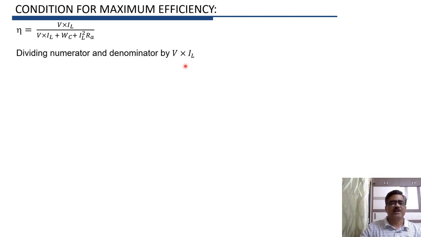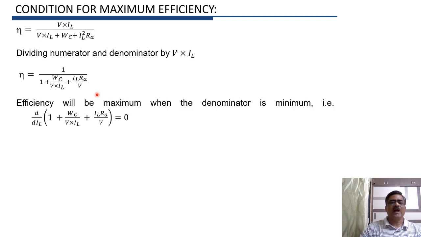So dividing numerator and denominator by VIL, we will get efficiency equal to 1 upon 1 plus Wc divided by VIL plus IL Ra upon V. Now for maximum efficiency, this denominator must be minimum. So this condition can be obtained by differentiating the denominator with respect to IL and equating it to 0.